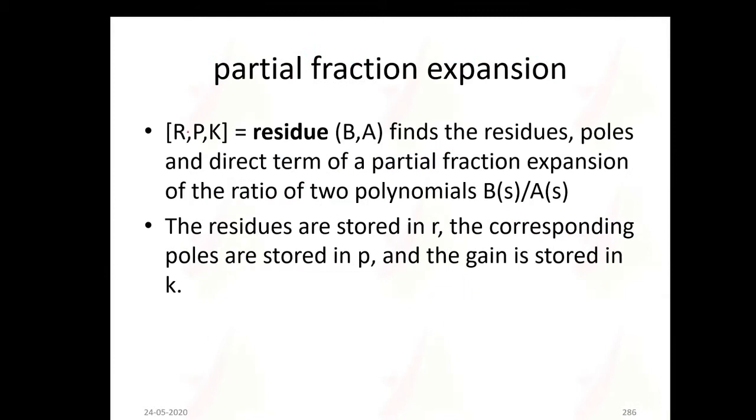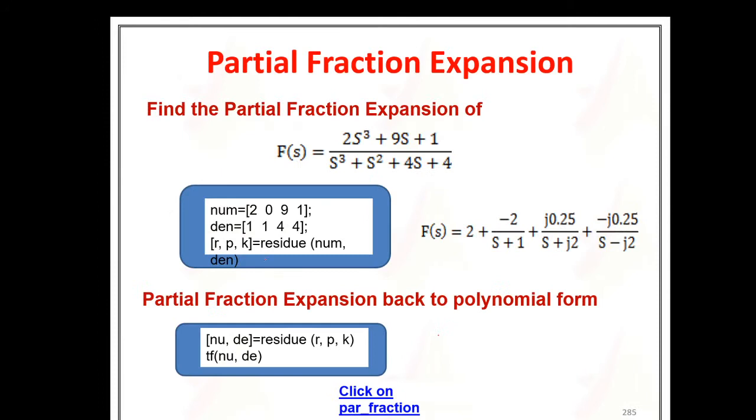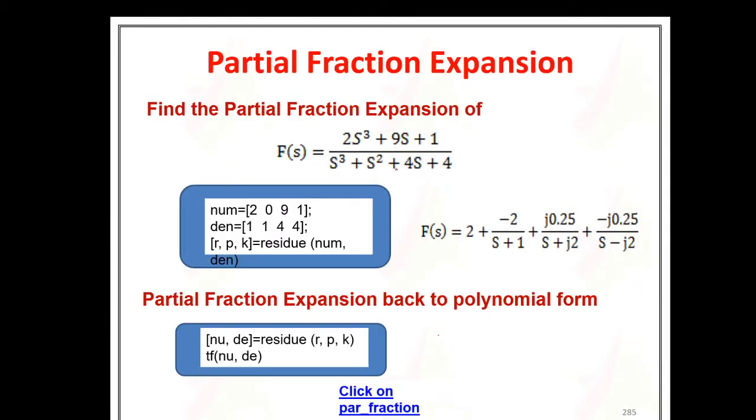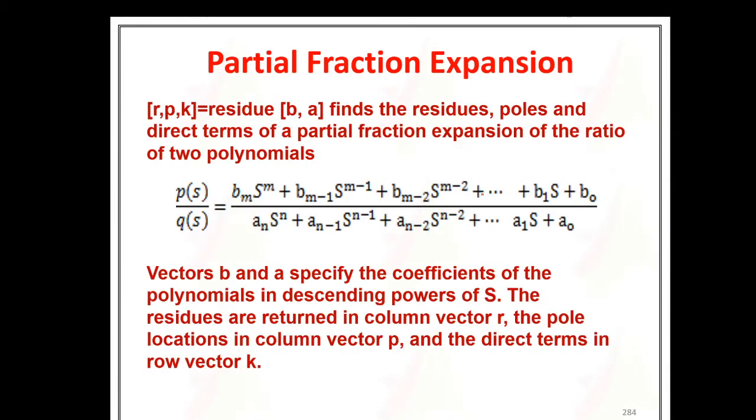So RPK means residue of B comma A. The numerator and the denominator find the residues, poles and direct terms of the partial fraction expansion of the ratio of the two polynomials B of s by A of s. It is going to give the partial fraction expansion.